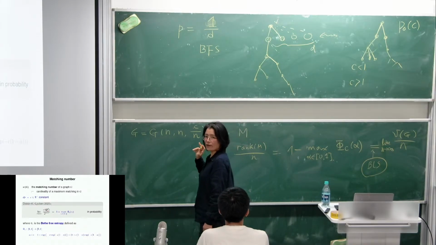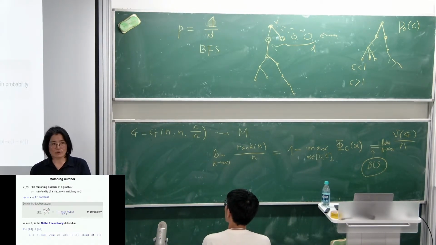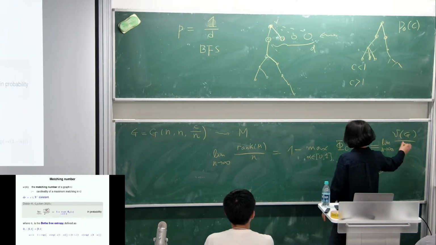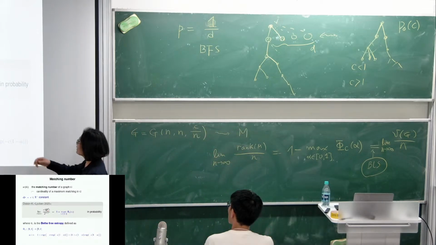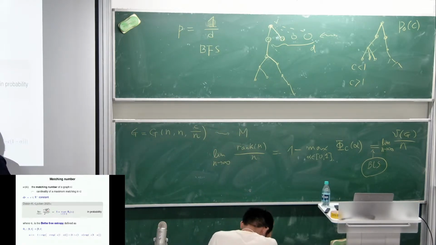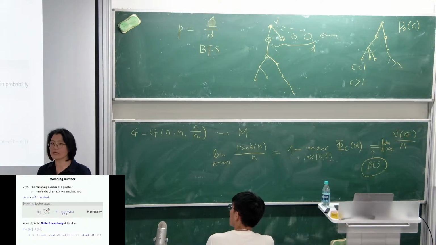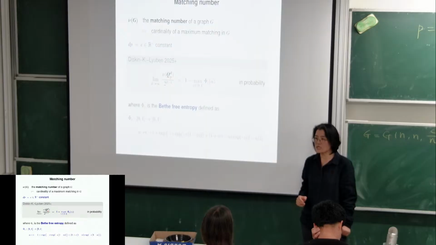You take any graph sequence which allows a so-called Benjamini-Schramm local weak convergence, then it holds. It's a very general theorem, and the only thing we did to achieve that is guarantee that our graph has a local weak limit, which is a Galton-Watson branching process with offspring distribution Poisson(c).